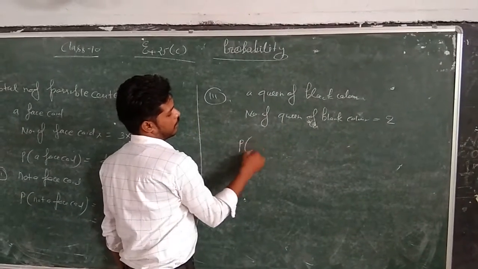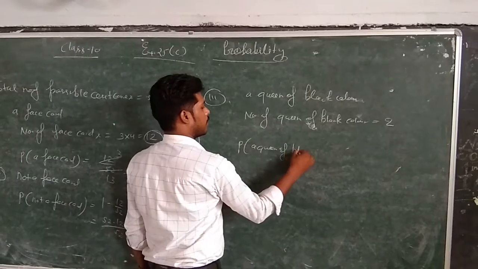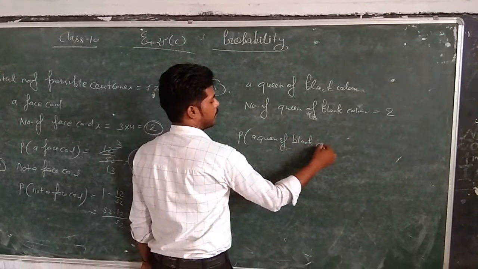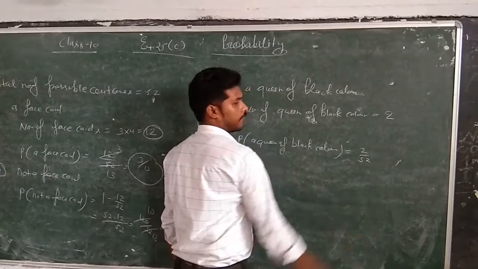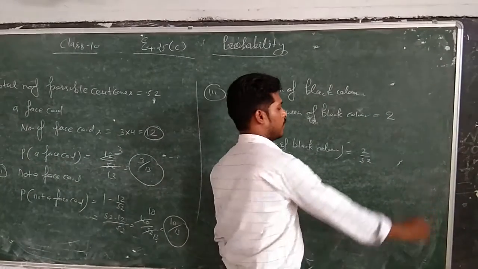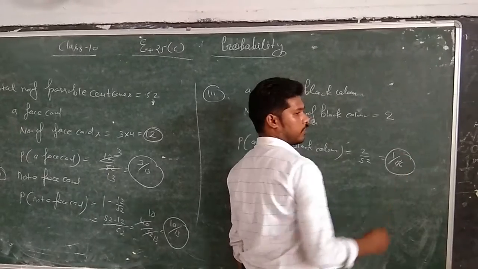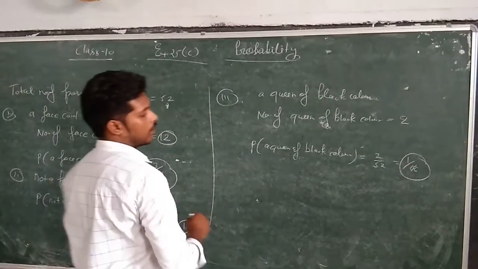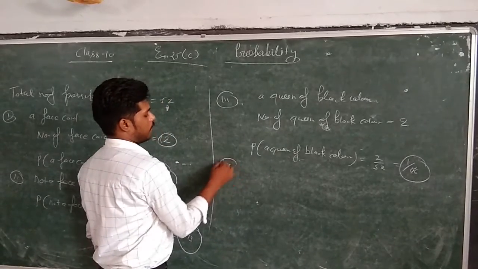So P of a queen of black color is equal to 2 upon the total number of cards, 52, which reduces to 1 upon 26. It means in every 26 cards you will get one black queen.